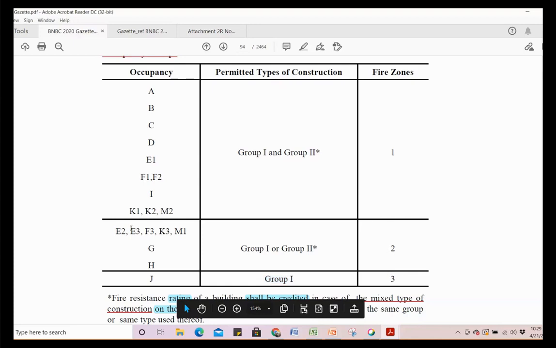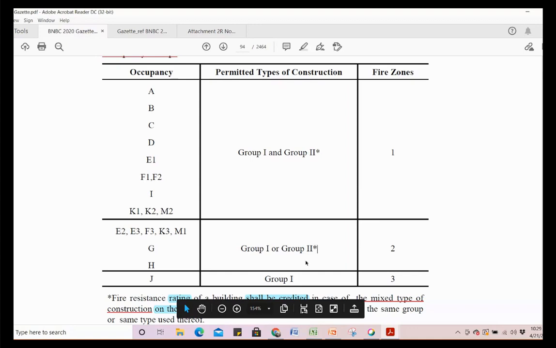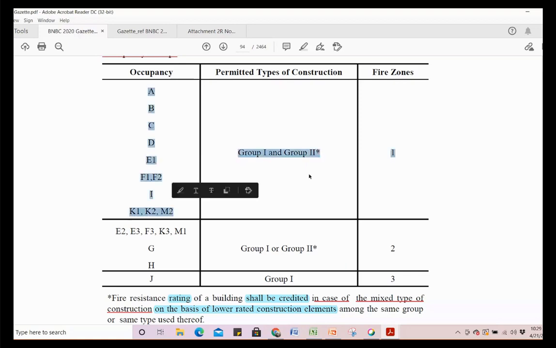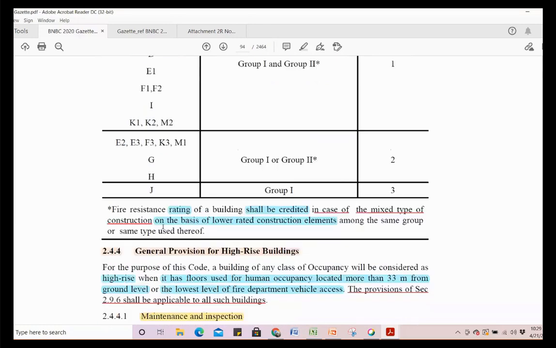The other groups, there is a secondary classification where they will be located in fire zone 2 and they can be of both group 1 and group 2 occupancies, but there are some footnotes on it. And same thing goes for group 1 and group 2 occupancies, which can be located in fire zone 1, and these are the occupancies that can be located there. So what is the footnote here? Let us have a look.